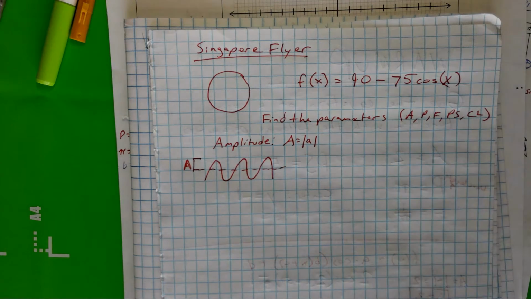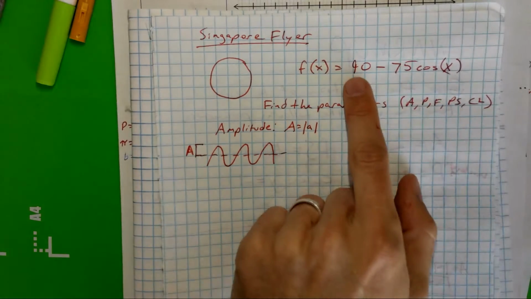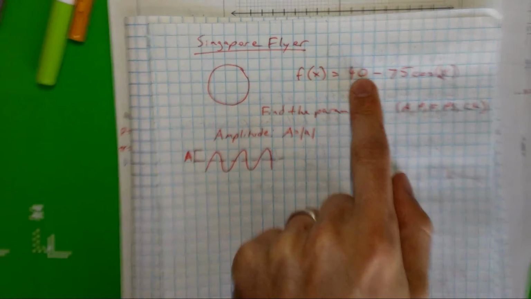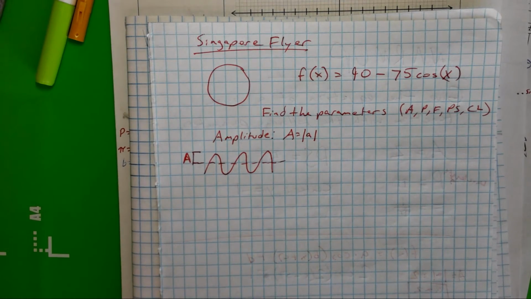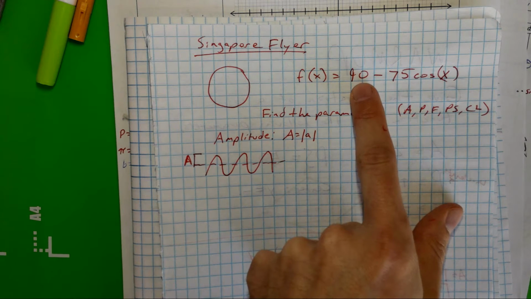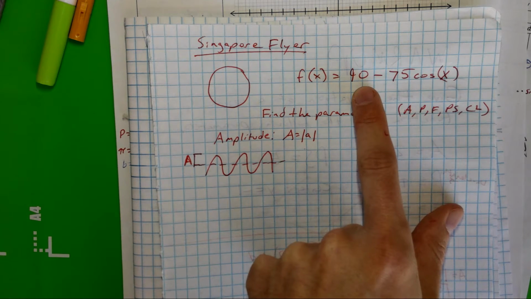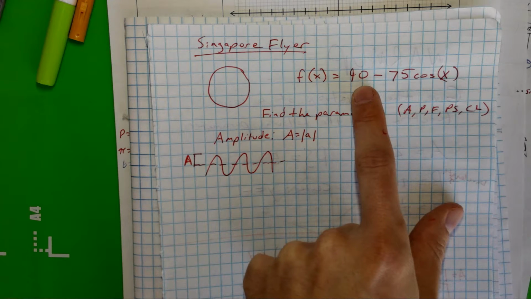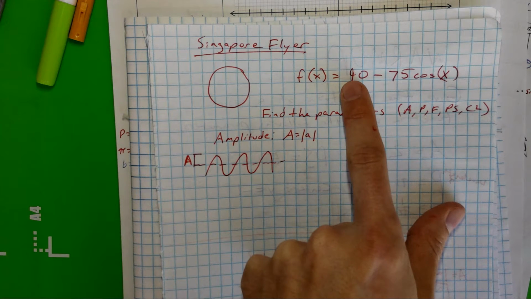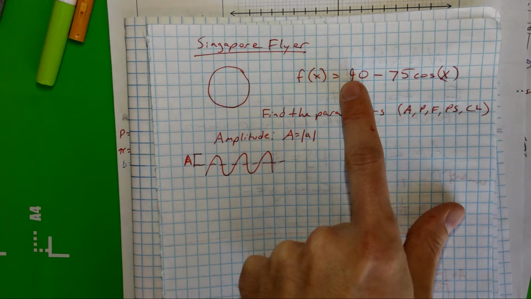So, as I'm looking at this equation, the first thing I see is a 90. So that probably means my amplitude is 90, right? No. Then everything I know is a lie. Unless you can explain why. So why isn't the 90 the amplitude? That's your center line.